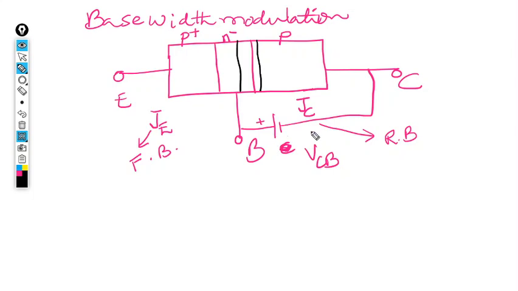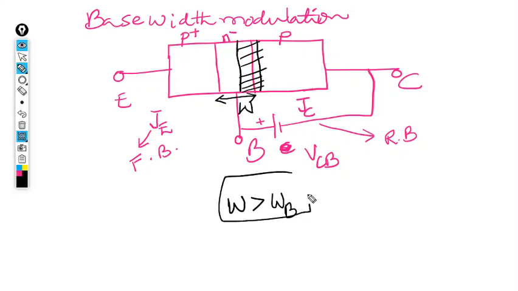Before applying this voltage, we can take the width of the base as W. Now, when the collector junction is reverse biased, there exists a depletion region. In that case, the effective base width decreases. So initially the width of the base is W, and when you apply reverse biasing of the collector junction, the effective base width decreases, that is W is greater than WB.